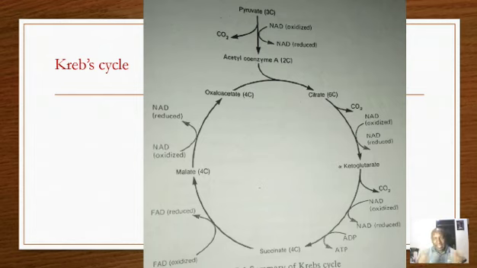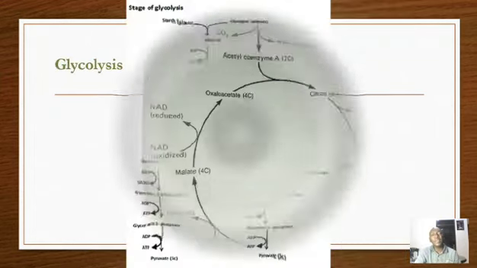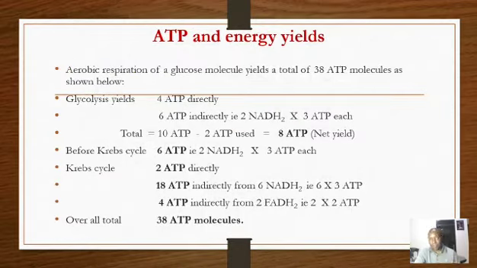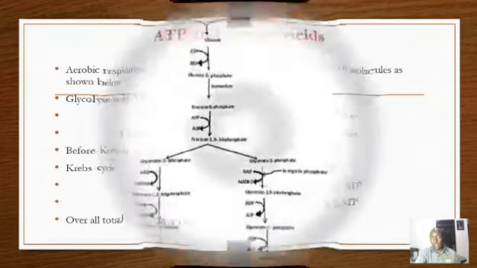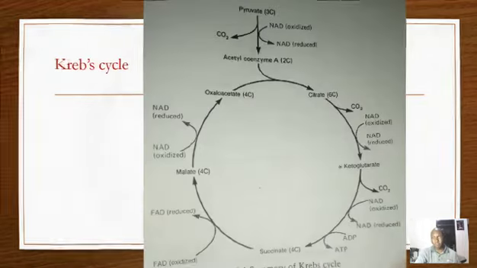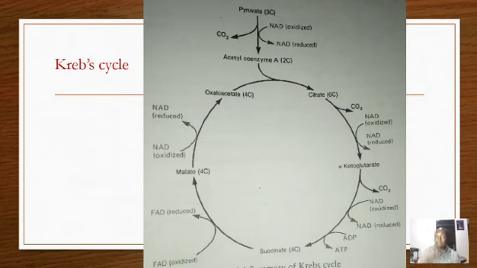Hence, we are having 2 ATP molecules liberated directly from the Krebs cycle. Because we are seeing alpha-ketoglutarate to succinate 1 ATP, but because there are 2 pyruvates, that's why we are multiplying it by 2.